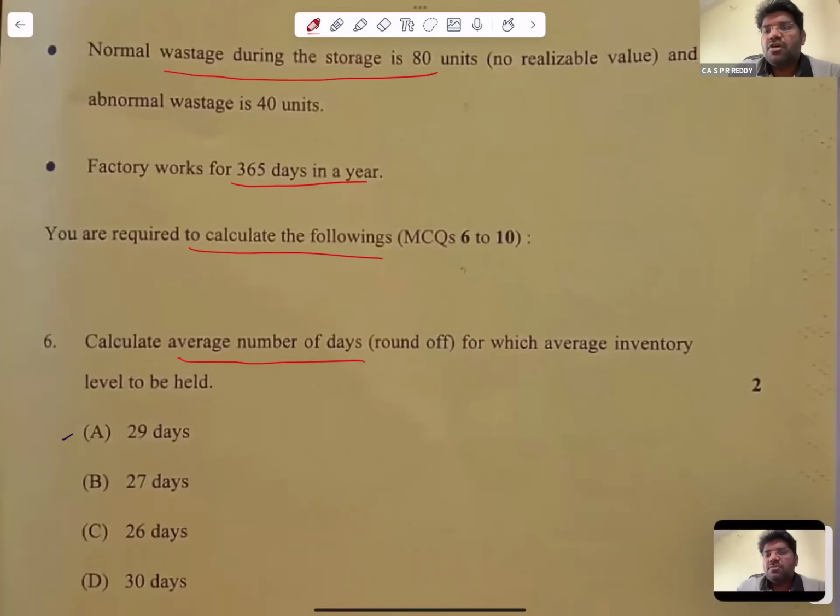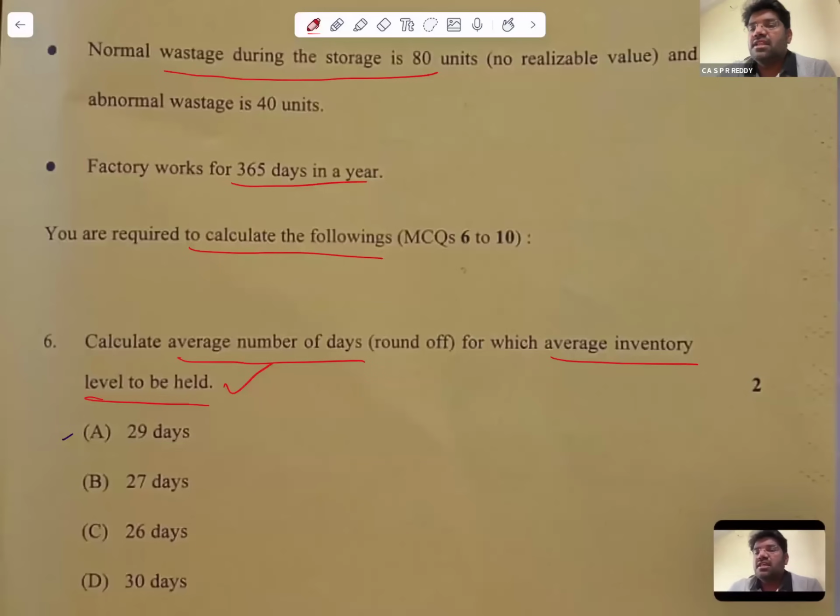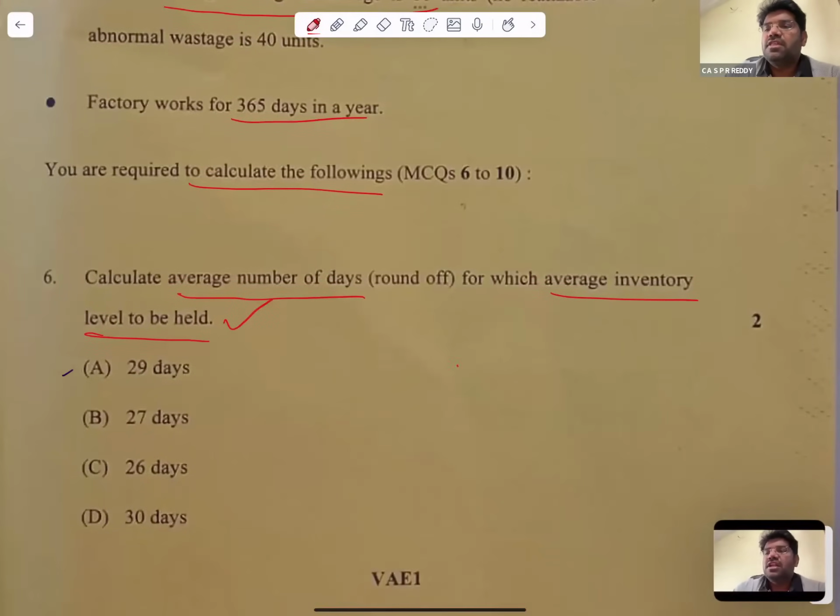Calculate the average number of days for which average inventory level is to be held. So here they're asking the inventory holding period in terms of days. You can apply the formula: raw material consumed divided by average stock of raw material.